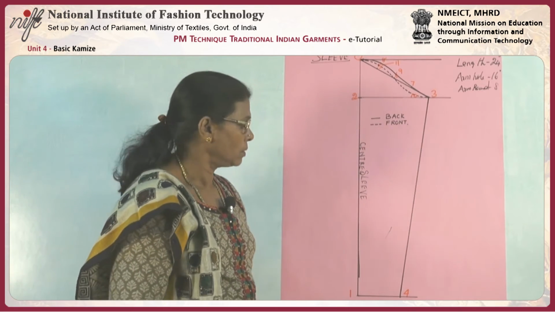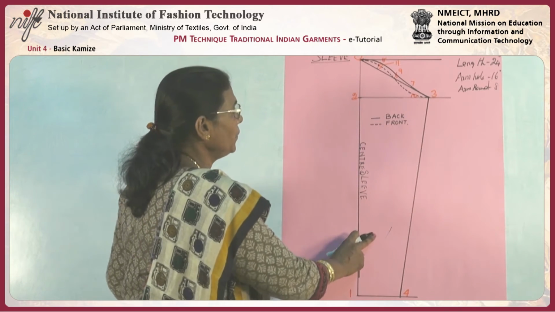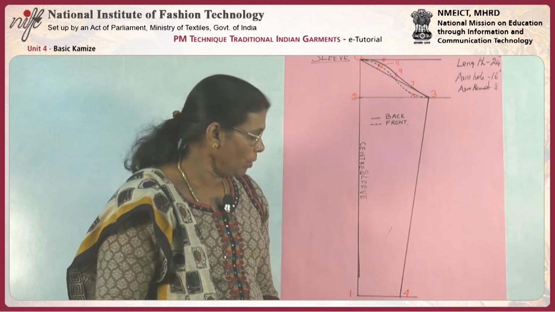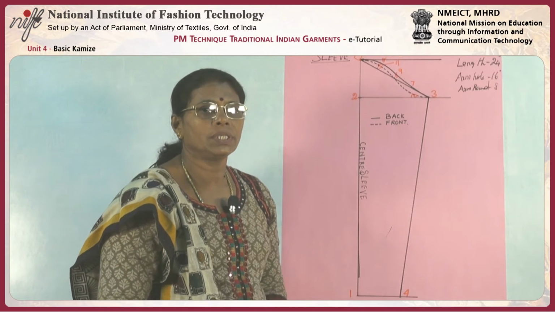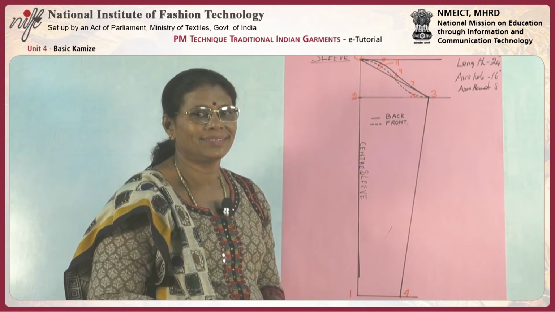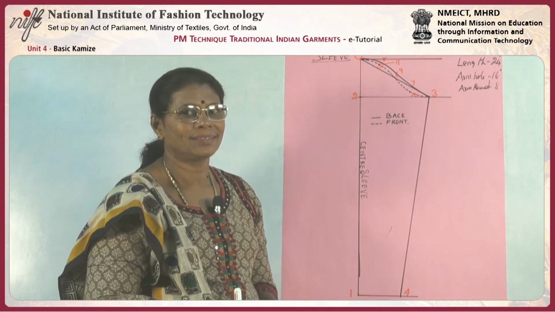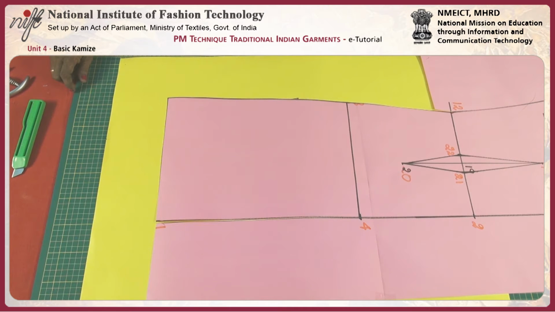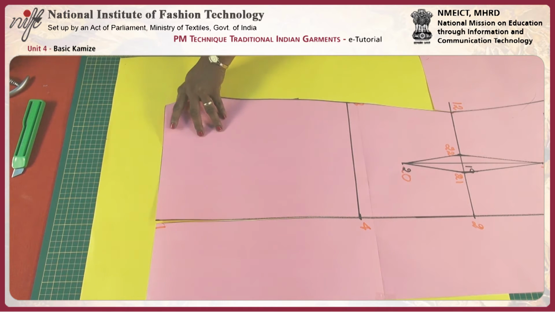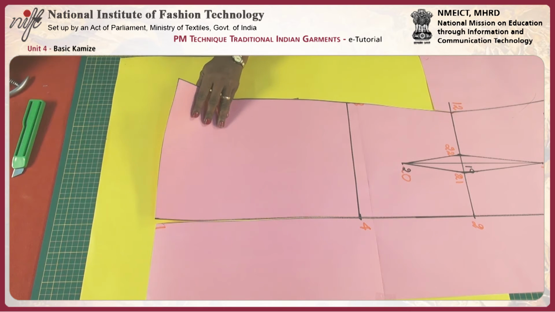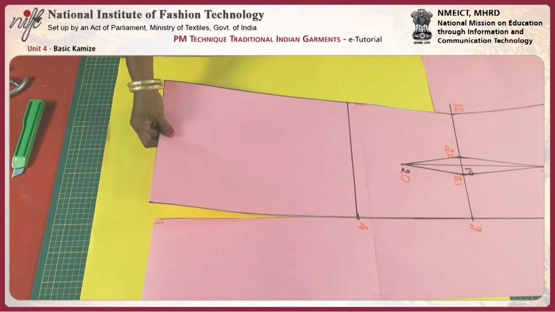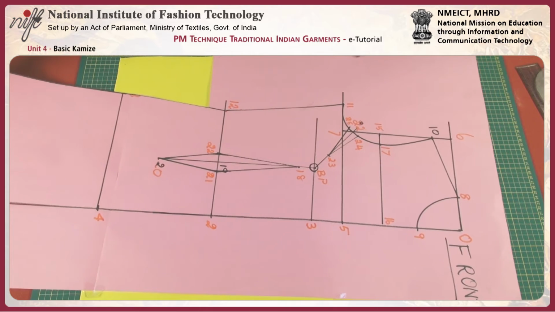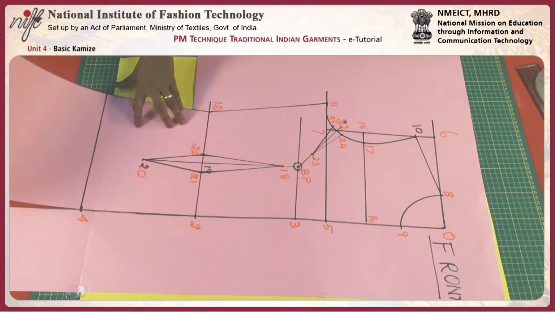With the use of this pattern, we can develop any kind of a sleeve which can fit for the kameez. The kameez block should also be cut. Start from the bottom and cut on the center front line as a straight line, and come along to the center front neck.